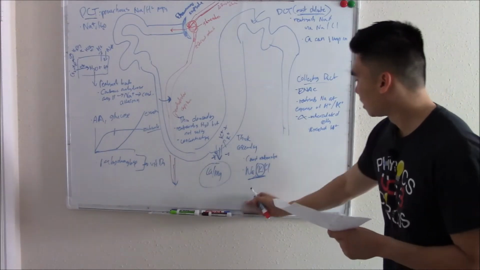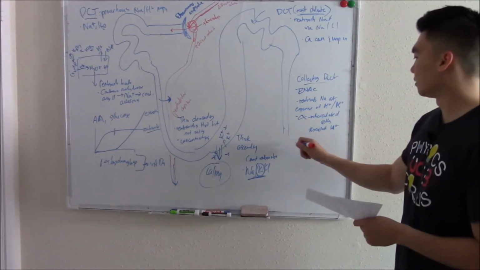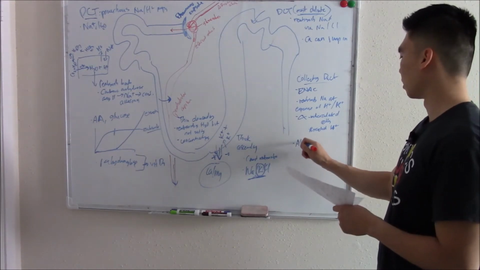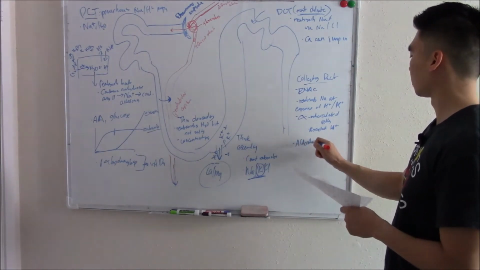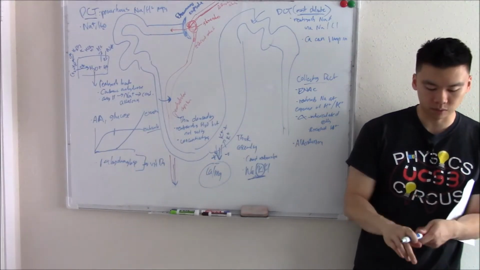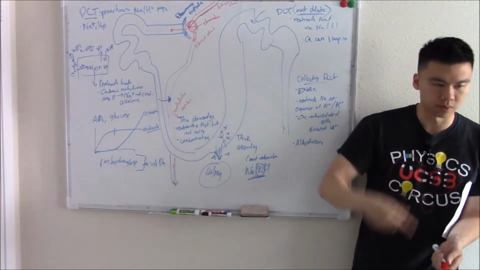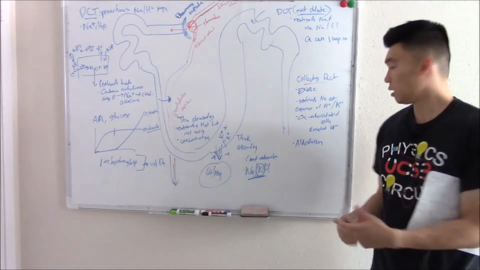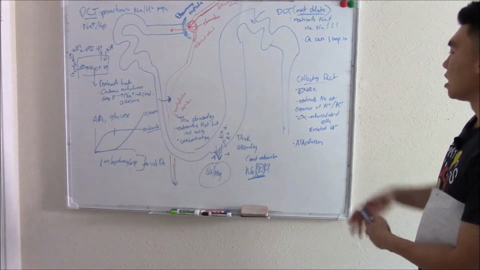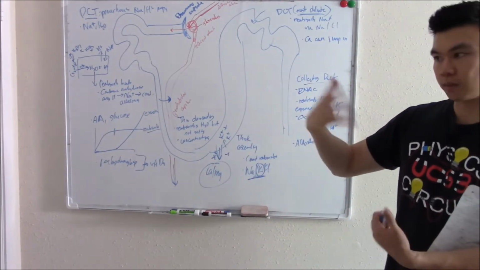Now, hormones can work on your collecting duct. Another hormone of the RAS pathway is called aldosterone. Because it's due to our RAS pathway, we want to absorb more sodium, absorb more water. So what do you think aldosterone does? Where do you think it'll work? It'll work on our ENaC, right? Try to absorb that sodium, try to absorb more water.